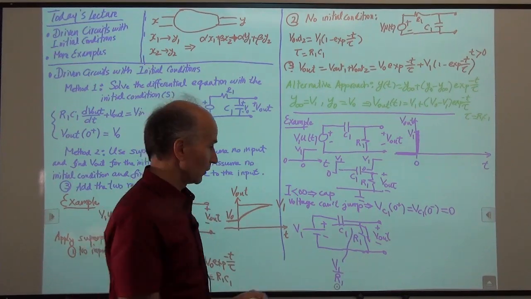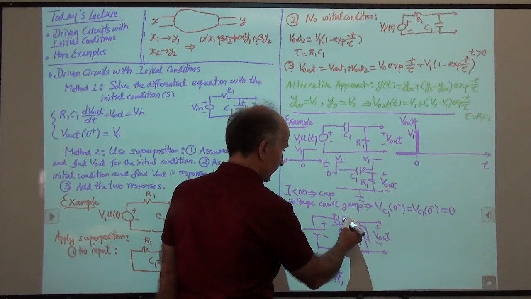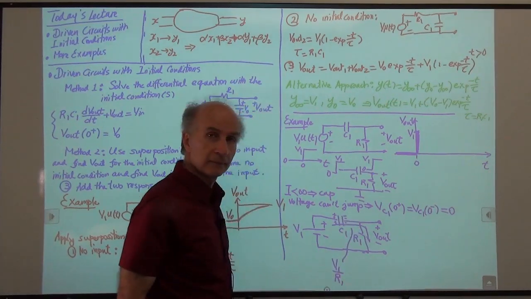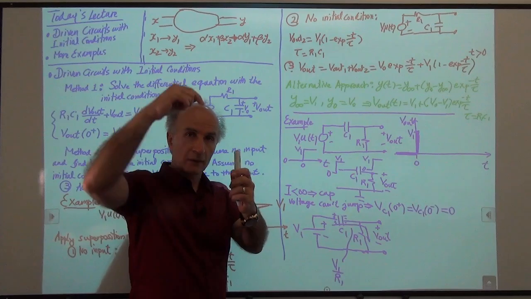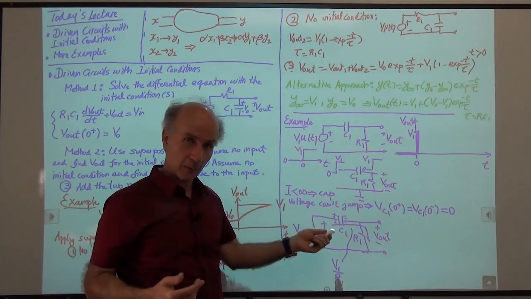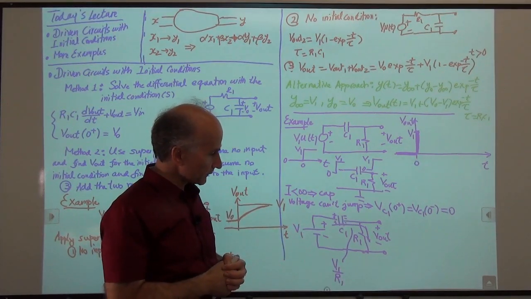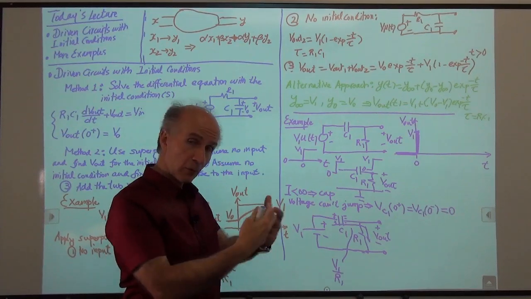If the current goes from top to bottom, then the top becomes more positive than the bottom. Okay, so time goes by.